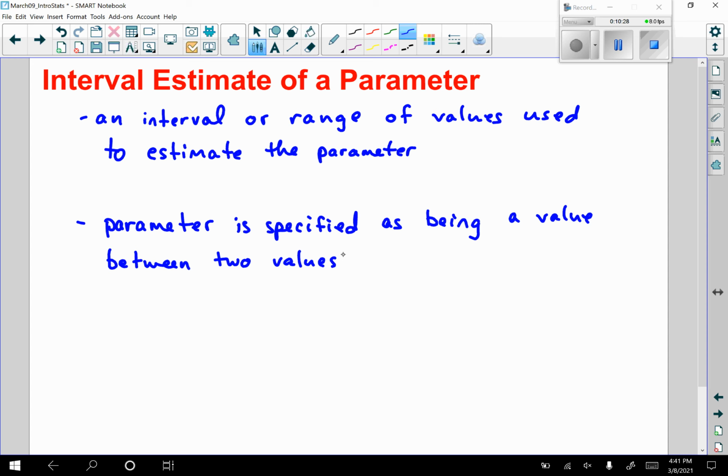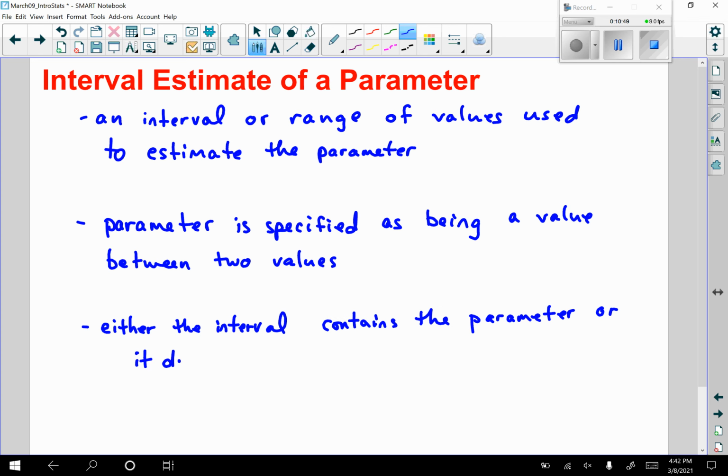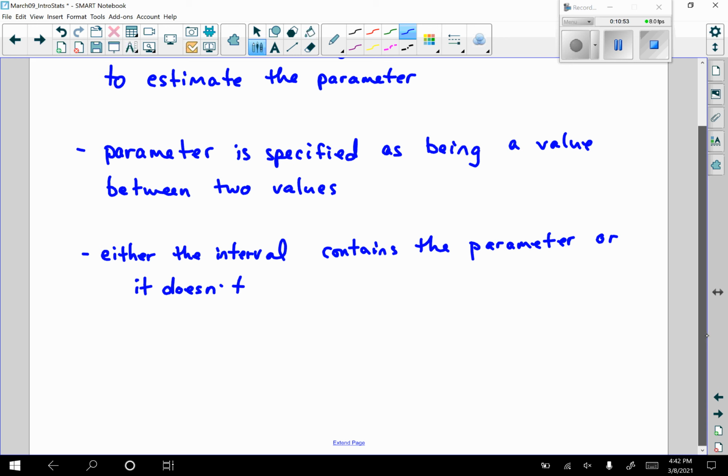Either the interval contains the parameter or it doesn't. We assign what we call a degree of confidence. So a degree of confidence can be assigned before an interval estimate is made.